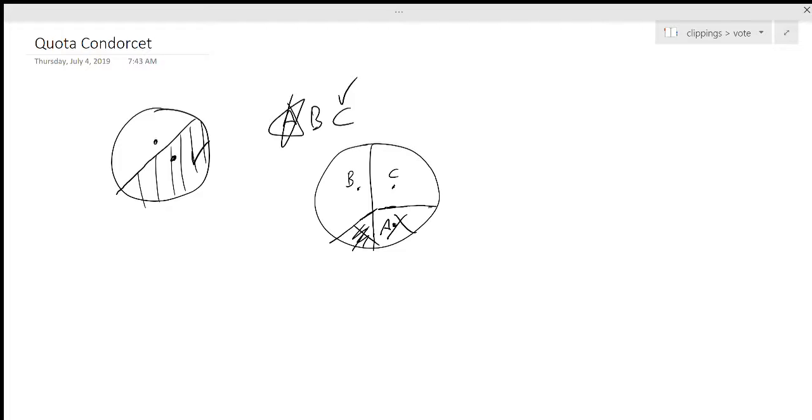I mean, there are some details, like say A is a really popular candidate, like A was right in the middle. So now you have B and C, A, and say there were like 10 seats in the legislature. Well, you can't take out all these people for just one of the 10 seats. I mean, it wouldn't really be counting their vote twice to give them a second seat because there's so many of them.